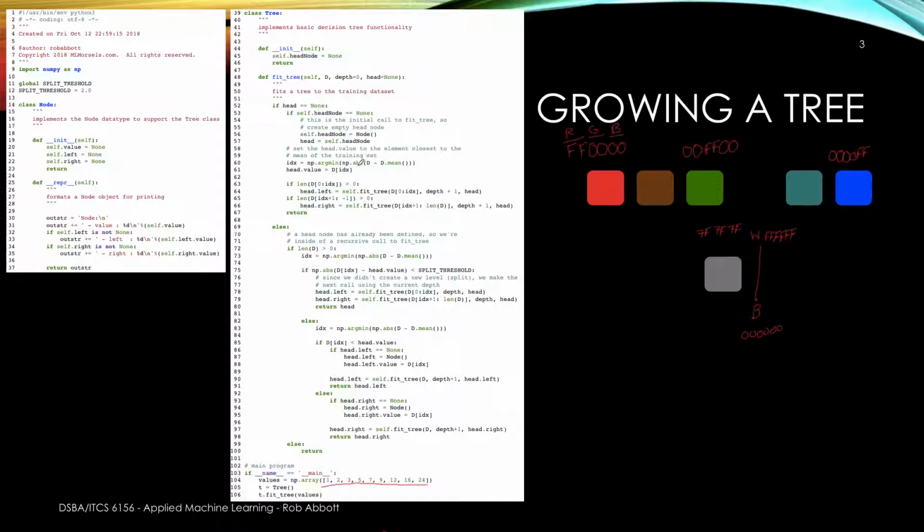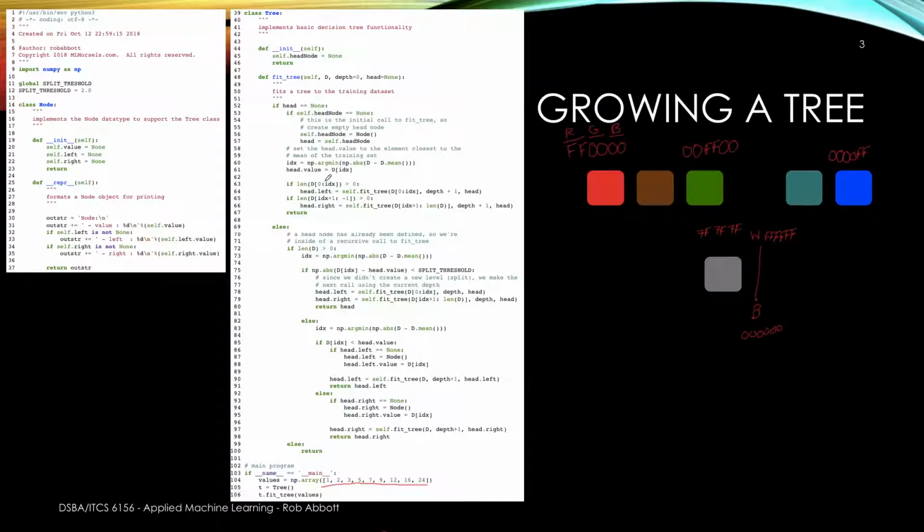So what I end up with is something in there. So I use this np.argmin capability to find something that is the closest to the mean value in this array D, and I capture the index position of it. And we'll look at this when we go into debugging in just a bit. And then I assign the value of the head node equal to that value in the index.